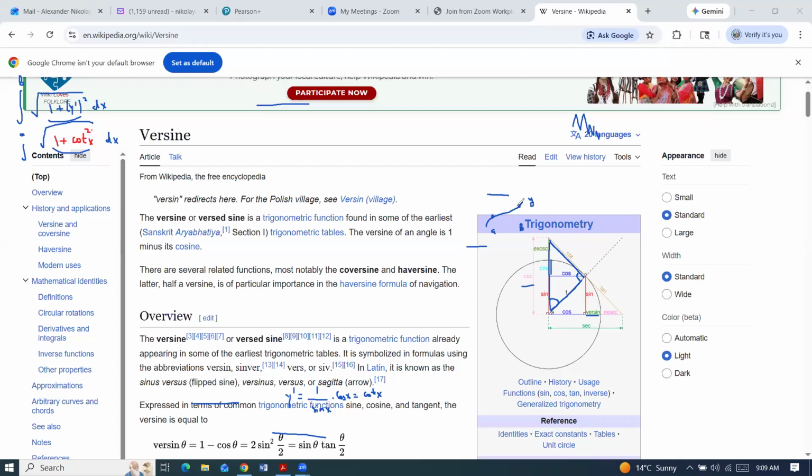But anyways, I don't want to carry it way too far, but it looks like I didn't see any trig textbooks being printed nowadays that introduce these functions, but Wikipedia does. So that's interesting.